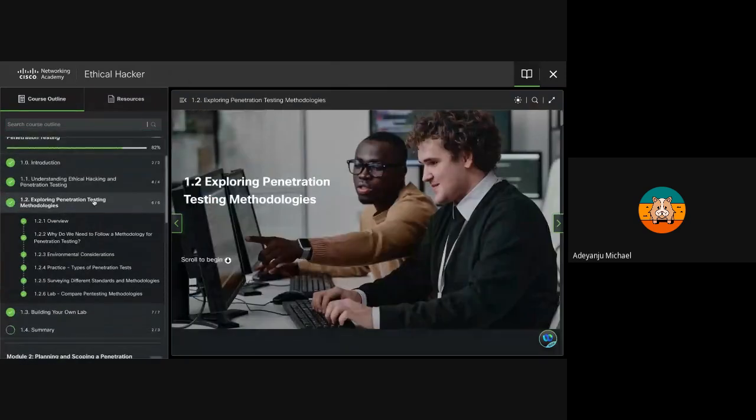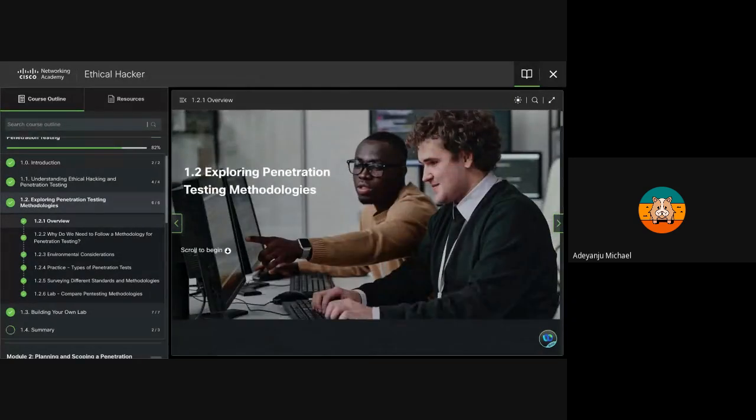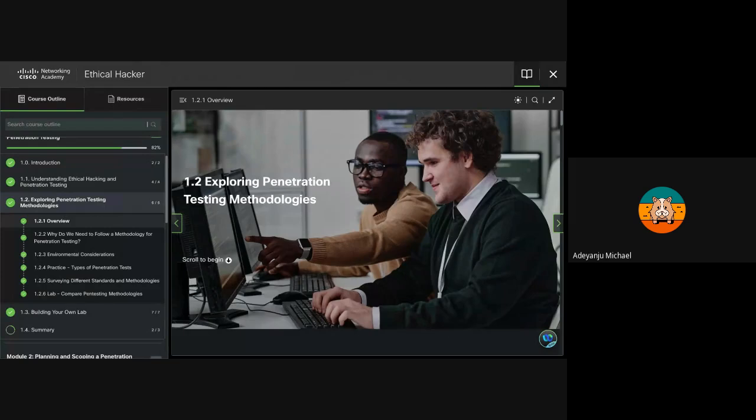That talks about penetration testing methodology. Now, why do we need to follow a methodology whenever we're carrying out an assessment? Why do we need to have a pen testing methodology whenever we want to carry out an assessment? Okay, Muya.